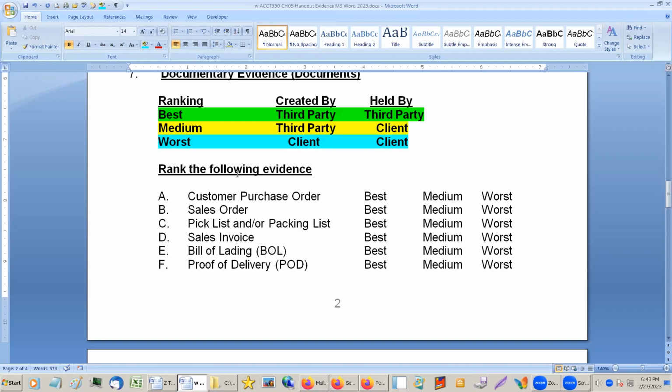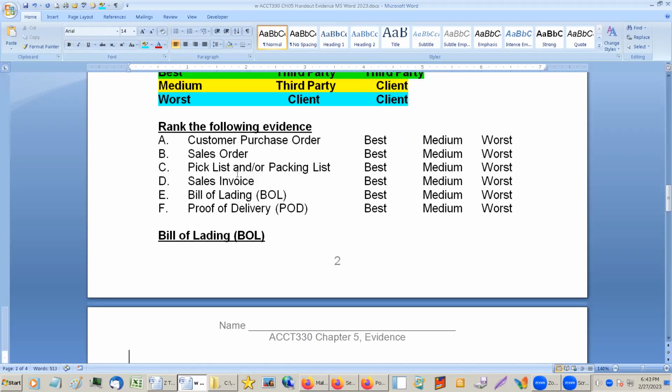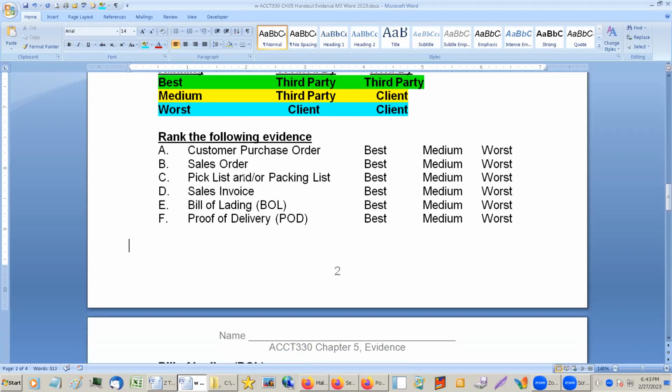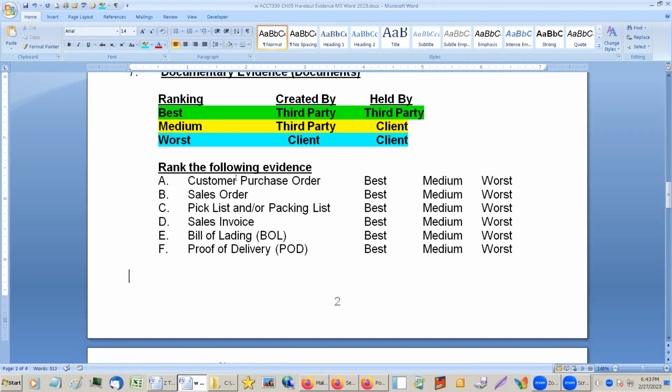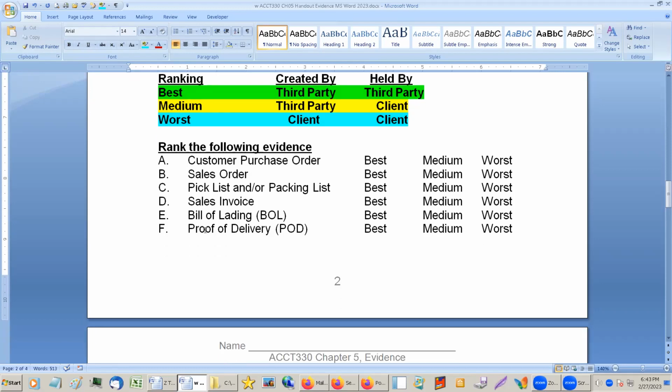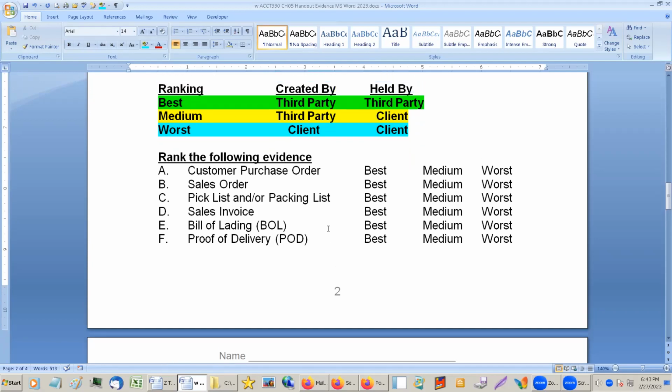Okay, so let's look at some of these different types of evidence here, and we'll go over each of those. All right, customer purchase order. So a customer sends a purchase order to the client, one of their customers, the client's customer. So for instance, a customer of, say, IBM sends them a purchase order. What would the rank of that evidence be?